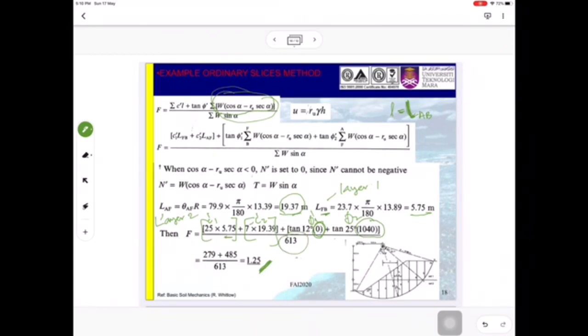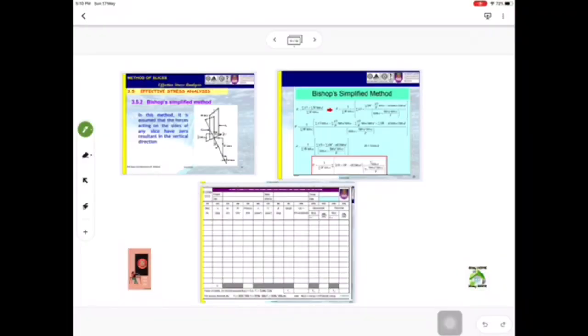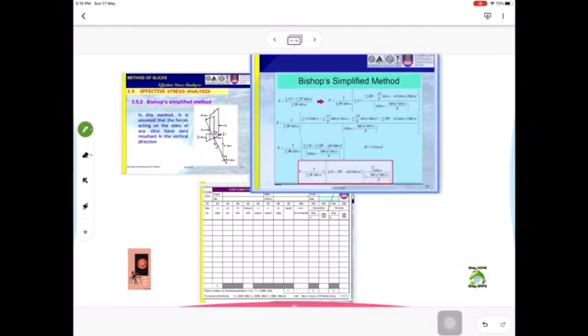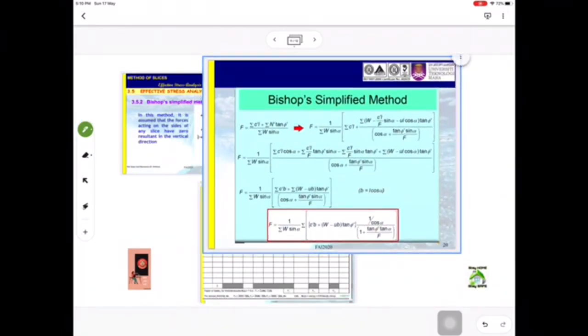The last part of this video is about the Bishop's simplified method. If you look here, Bishop's simplified method, even though it's simplified, it's complicated.